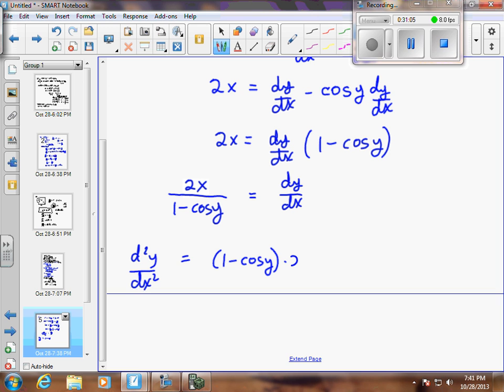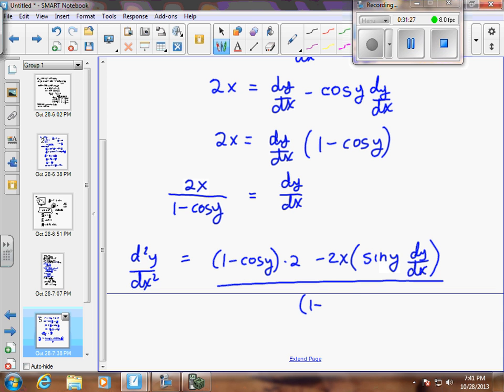Great. Minus high d low, sine y dy dx. And this is all divided by 1 minus cosine of y squared.